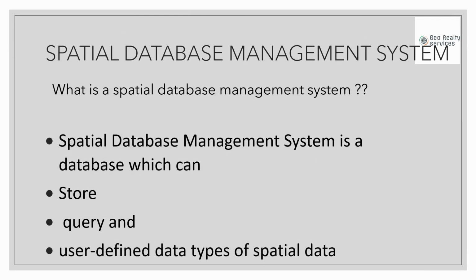It is a database which can store and query not only conventional data sets of numbers and text, but also user-defined data types of spatial data, such as points and polygons of vector objects and images of raster objects. It became feasible after the object relational database management system was developed.